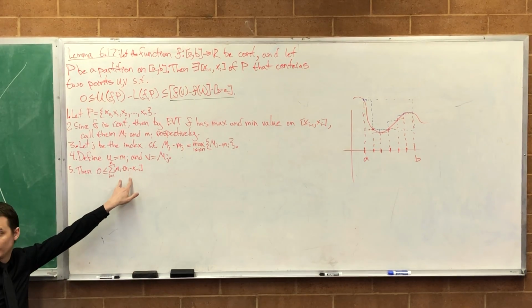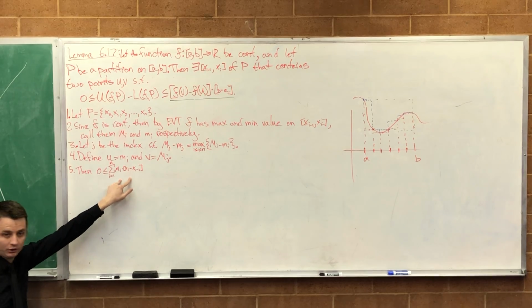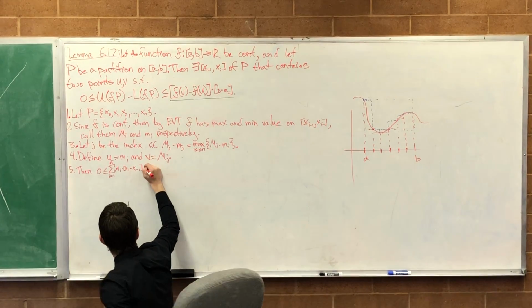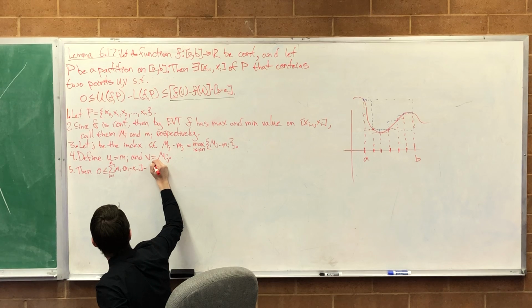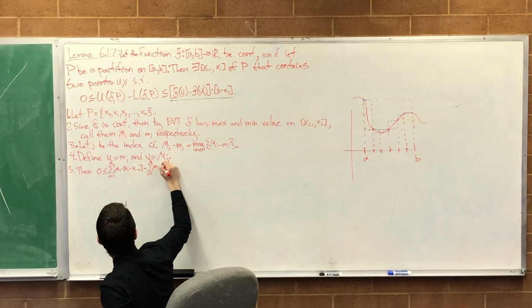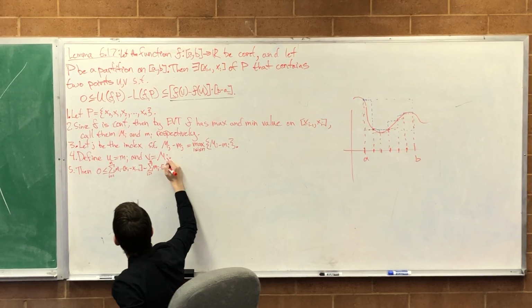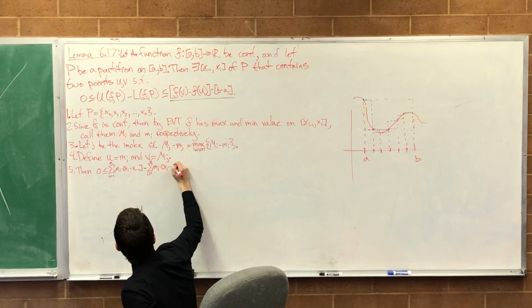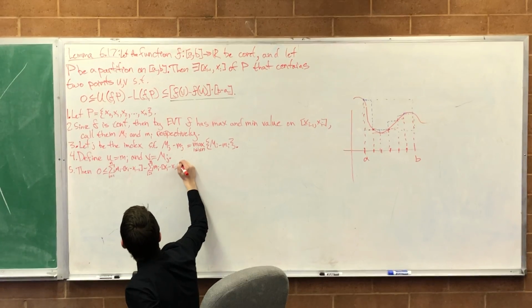Go with that for our upper Darboux sum still. Don't need to re-go over that. Minus our lower Darboux sum. The sum from I equals 1 to n of little m sub I times x sub I minus x sub I minus 1.